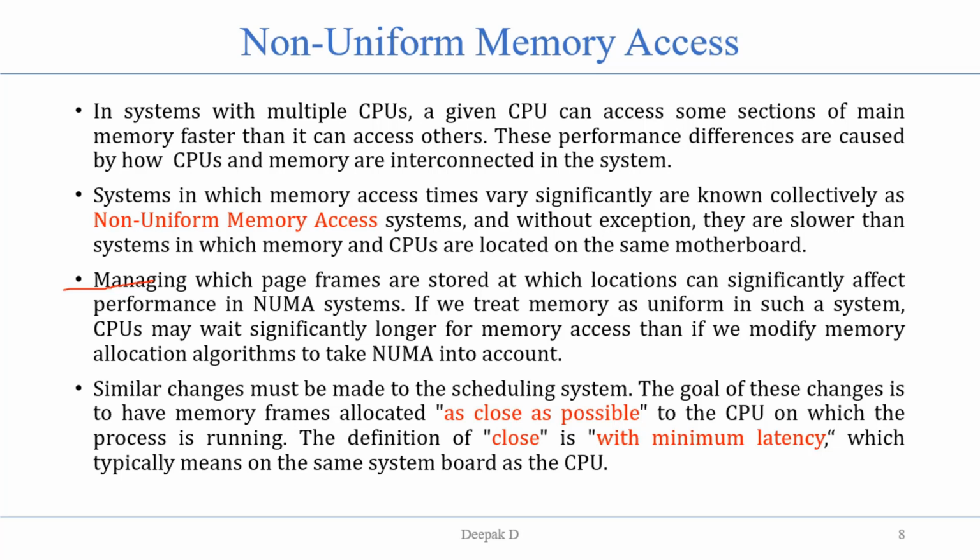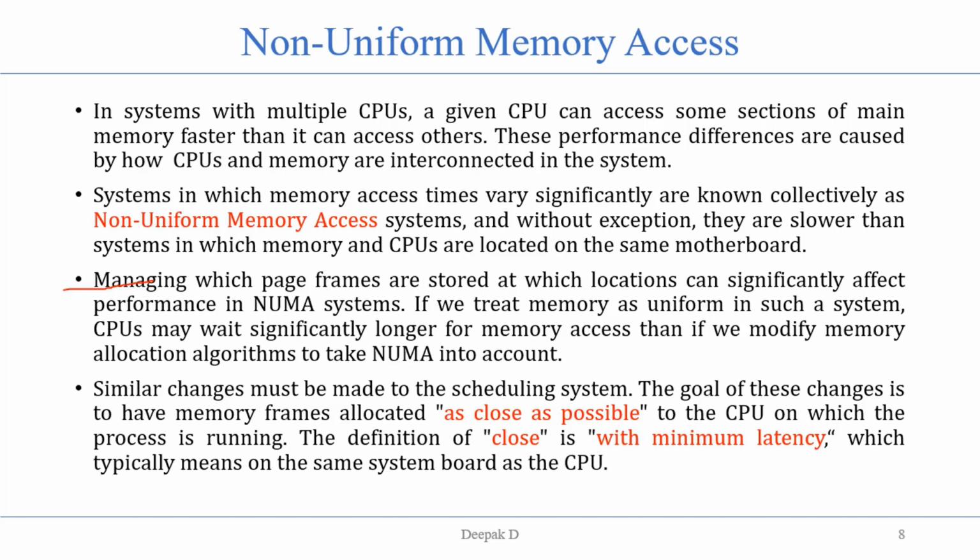Remember, if we treat the memory as uniform in nature, the CPUs may have to wait significantly longer to access the memory than if we modify the memory allocation algorithms so that they take this non-uniformity into account.